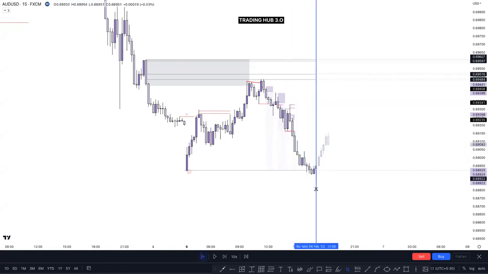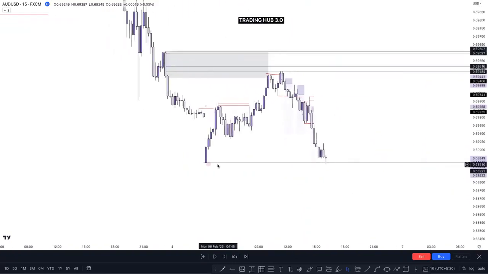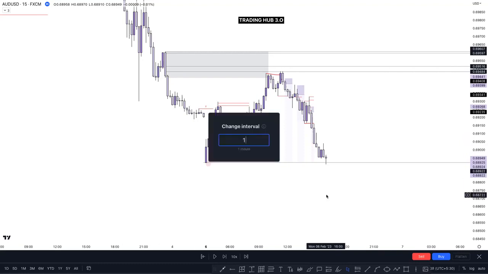Let me show you exactly, because the previous low was taken out. Once the market takes out the previous low, you can simply buy or sell here. How can you deal with it? You have to wait for lower time frame confirmation, and then you can enter here. Okay, so let's see in a 1 minute time frame.